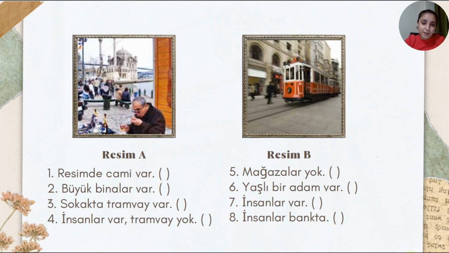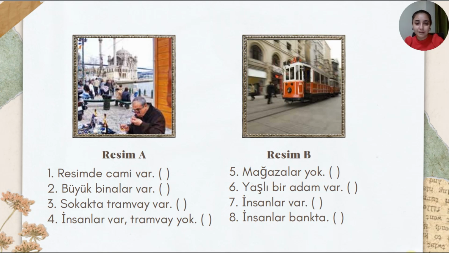Okay, let's start with the answers. Resimde cami var. There is a mosque in the picture. Will be resim A. Büyük binalar var. There are big buildings. Big buildings.